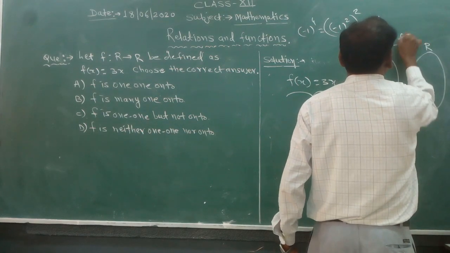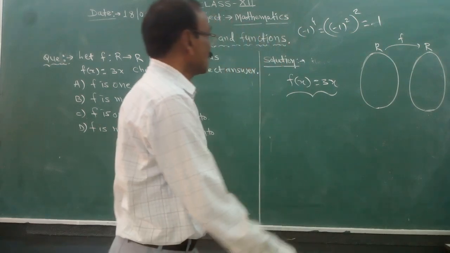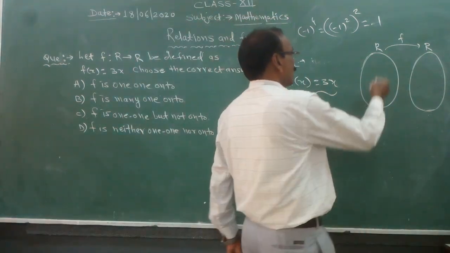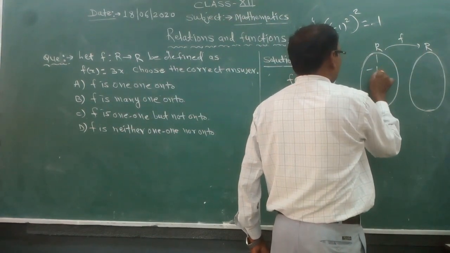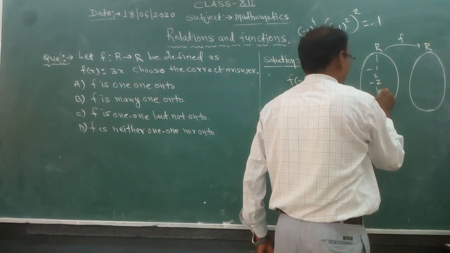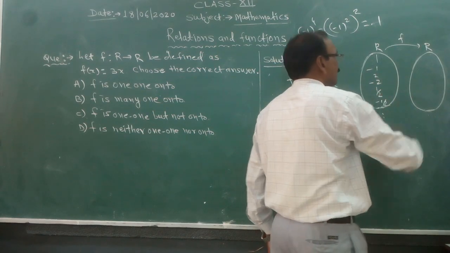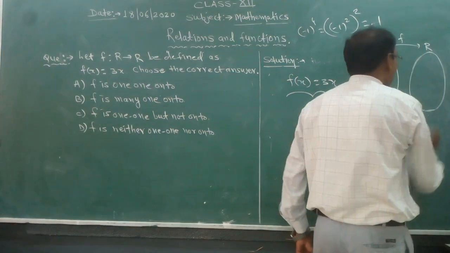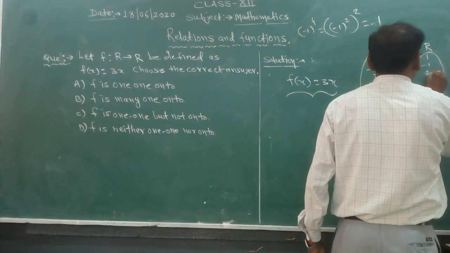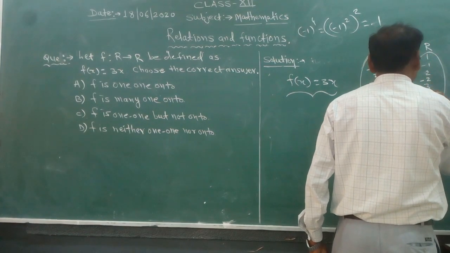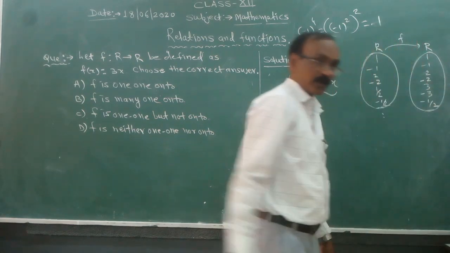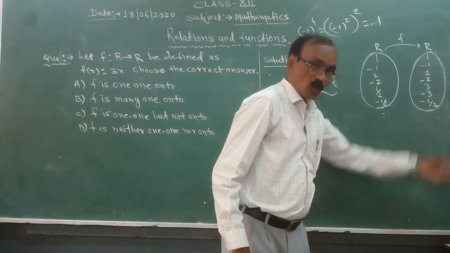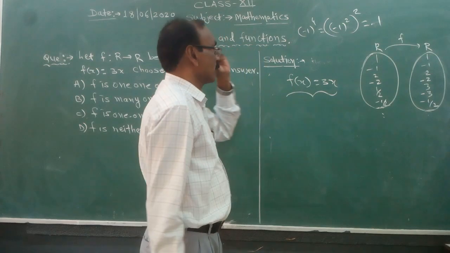This is a function from real number to real number. So here all the numbers, plus 1, minus 1, 2, minus 2, half, minus half, all numbers are there. Here also all the real numbers are there. All the numbers are present in the codomain also, because it is a set of real numbers.